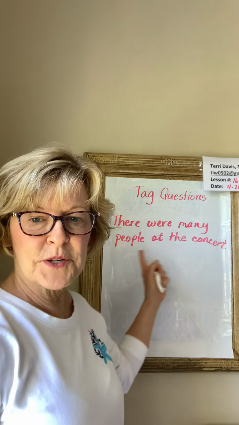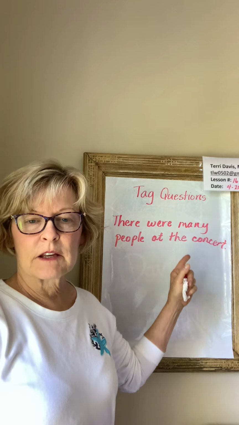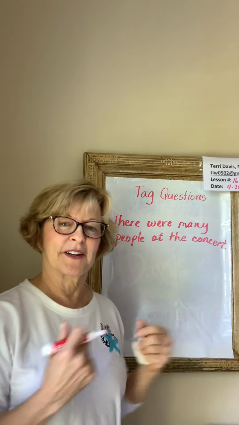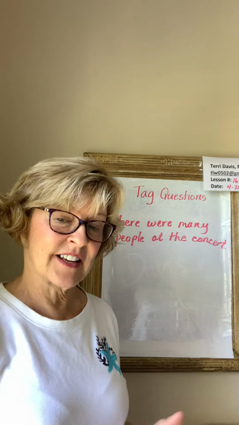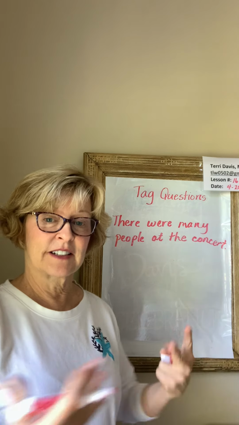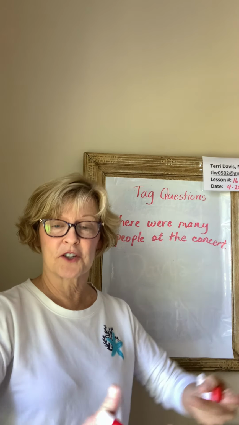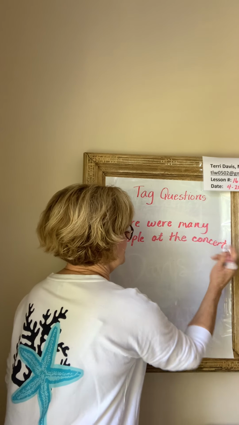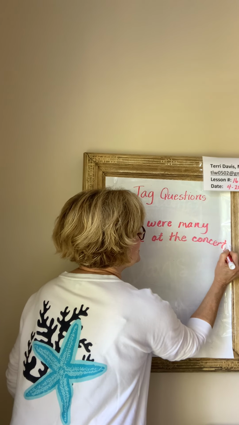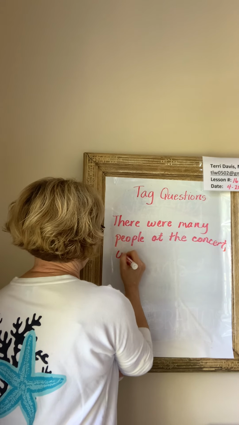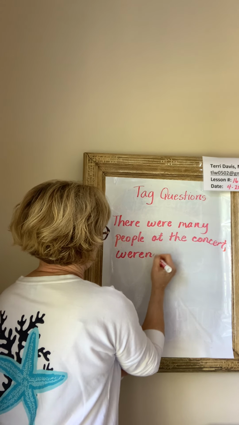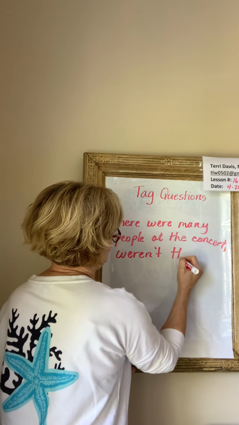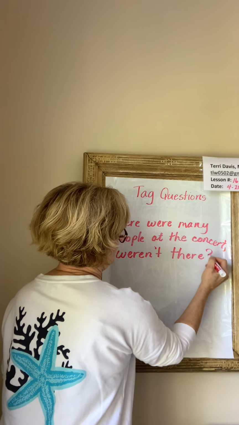But this is my observation. I'm wondering what someone else thinks. Did someone else think that that was a very good crowd of people, a very large crowd of people at the concert? And if so, I would use the tag, weren't there. Okay?